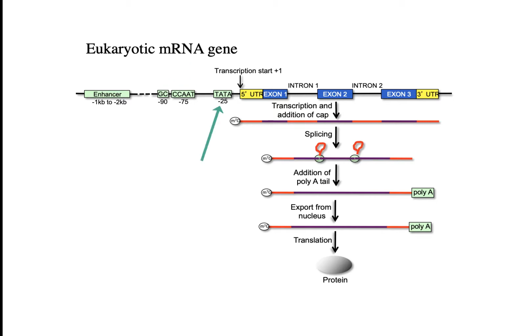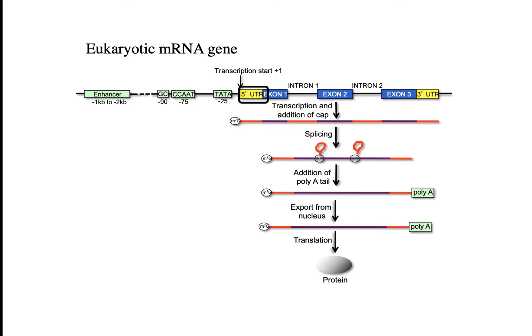And then about 25 nucleotides upstream from the transcription start site is the TATA box that binds with the TATA binding protein to position the RNA polymerase in the correct position to start transcription.